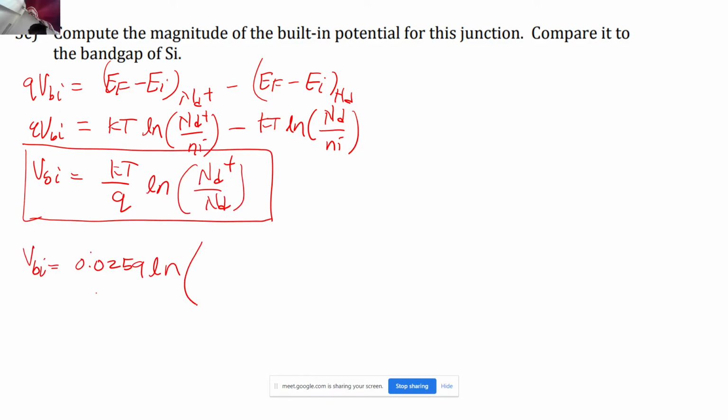The concentration was 10 to the power 18 at right hand side and 10 to the power 15 at left hand side, correct? So I will put those values, 10 to the power 18 by 10 to the power 15. The VBI value that will come out will be around 0.18 volts, correct?